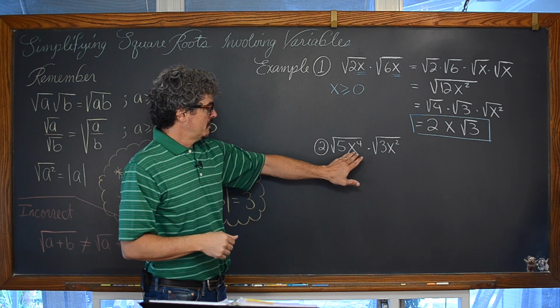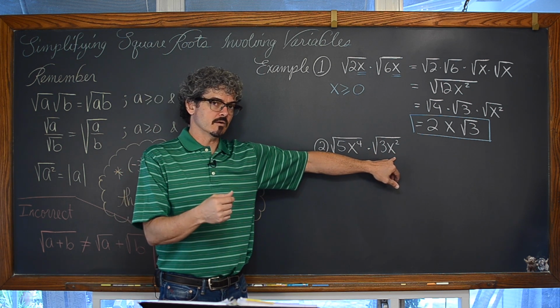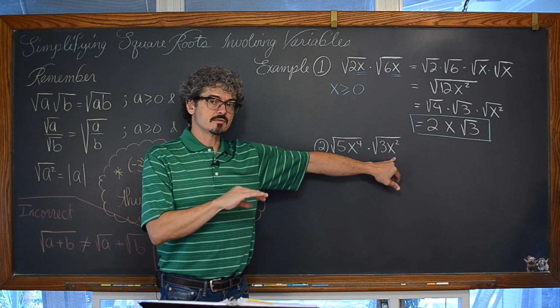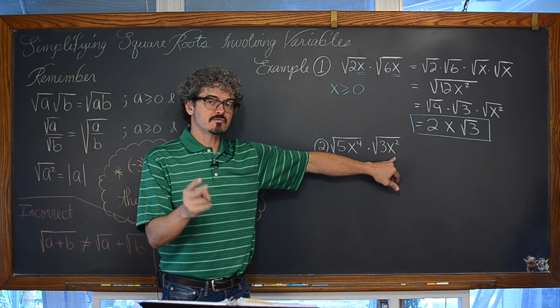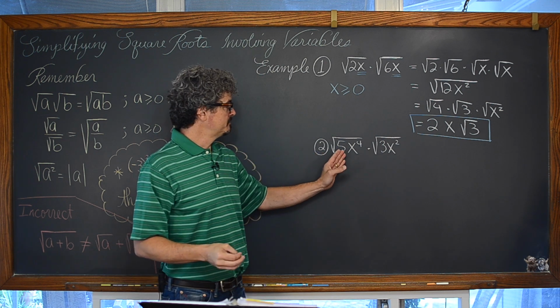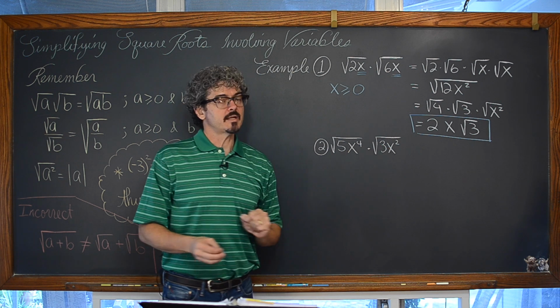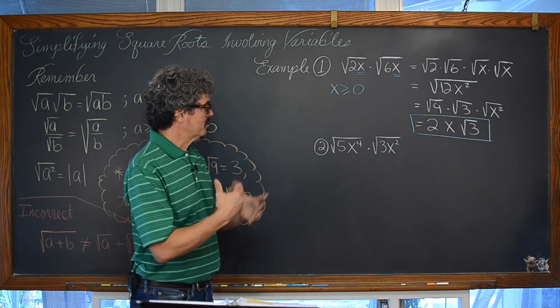So here, x can be defined, as far as its domain in this expression, as any value, whether it's positive, 0, or even equal to a negative number. So there's no indication here that x is greater than or equal to 0. So how is that different?